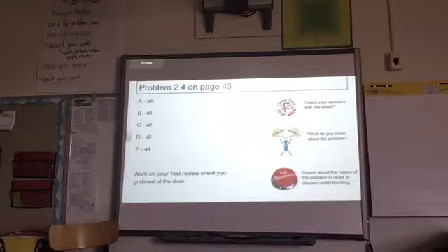It goes back to 0. Negative 1. Which is 1.